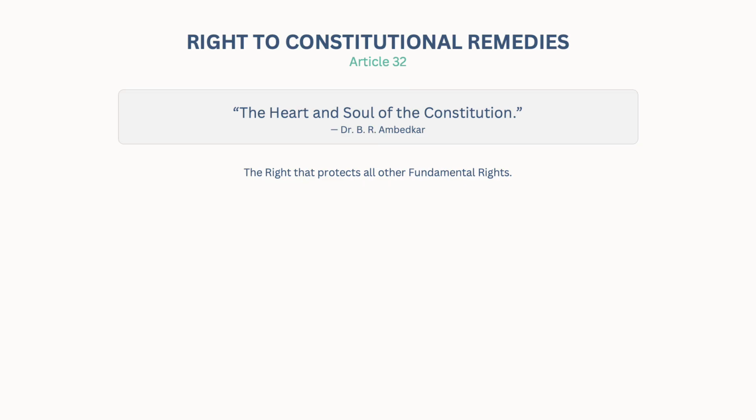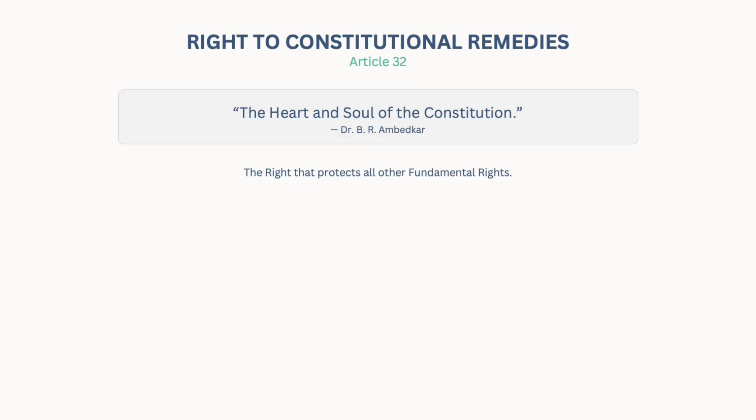Now, if any of your fundamental rights is violated, the right to equality, right to freedom of religion, right against exploitation, cultural and educational rights, if any of these rights have been violated by anyone, be it the state, be it the individual, Article 32 will protect you, which means Article 32 gives power to the Supreme Court to issue an order to protect your fundamental rights, to punish the person who has violated your fundamental rights. So it is the right to constitutional remedies that protects all your fundamental rights.